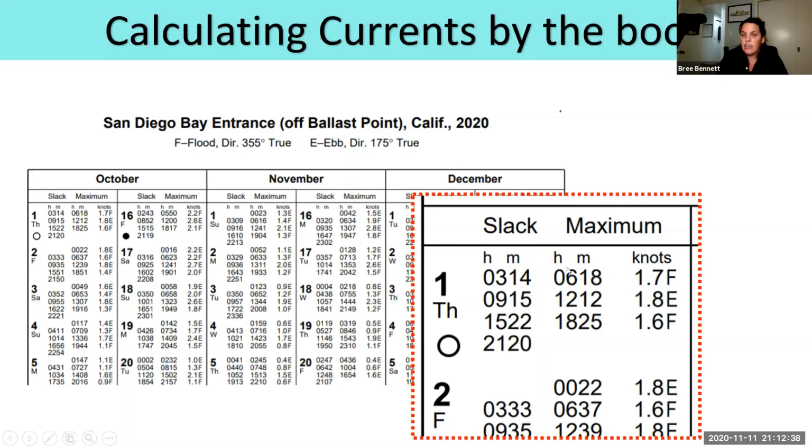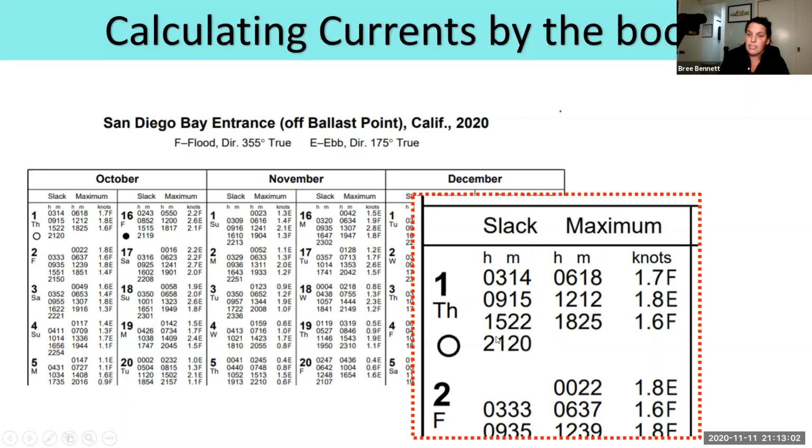So this is saying at 3:14, the current was slack. And then at 6:18, it reached a maximum of 1.7 knots flood. That F is for flood. And then it went to slack at 7:15, and then at 12:12, we were ebbing.